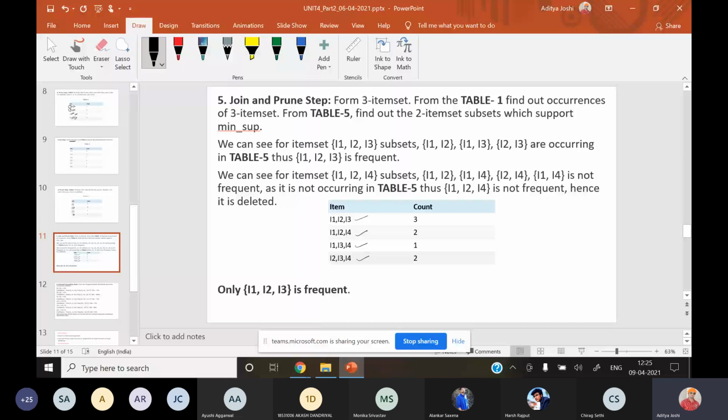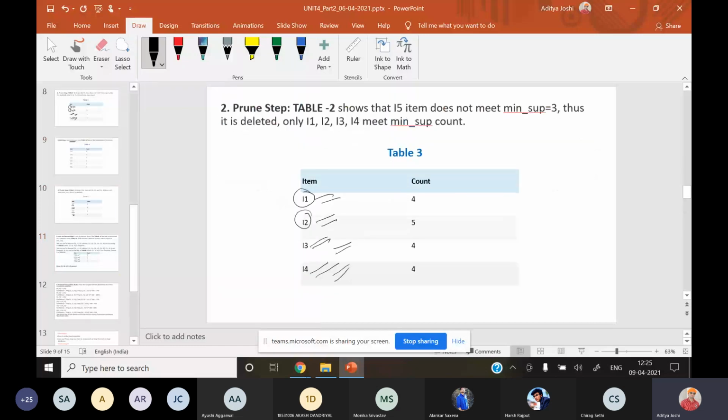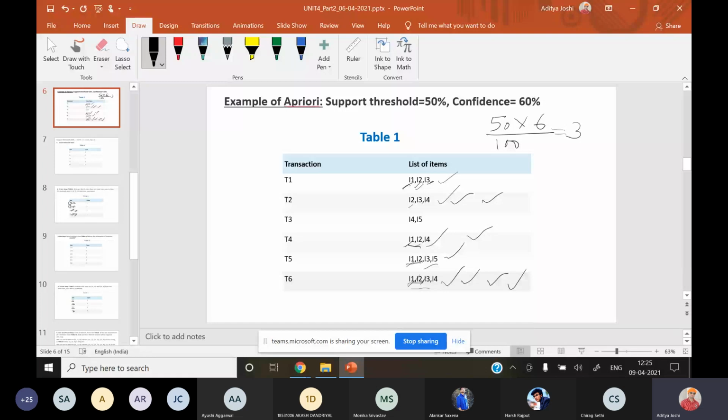You have to count the occurrence from the initial table. So how many times does I1, I2, I3 occur in the initial table? One time, right? Two times. Three times, right? Then search for I1, I2, I4. I1, I2, I4 occurs one time.